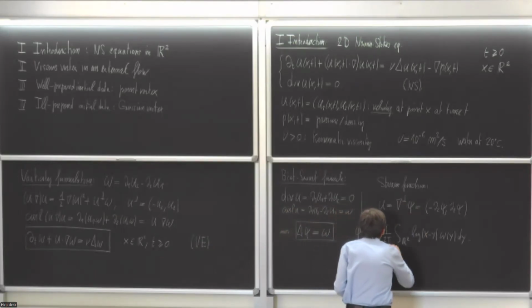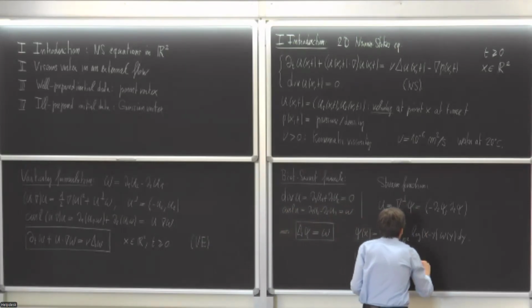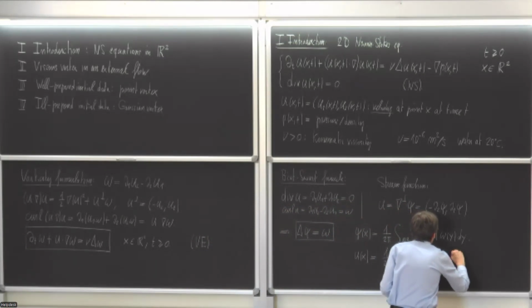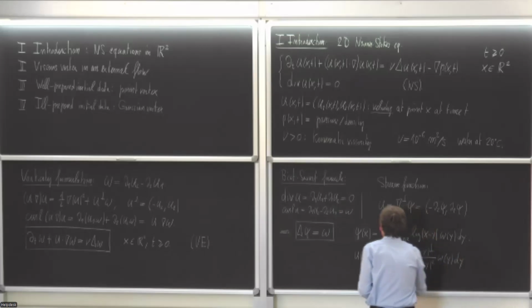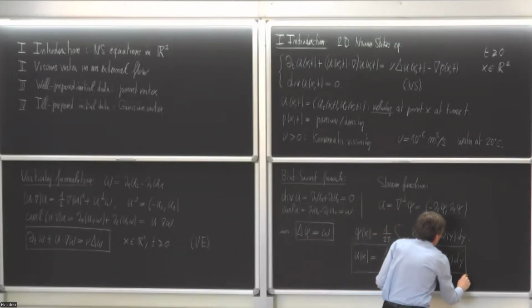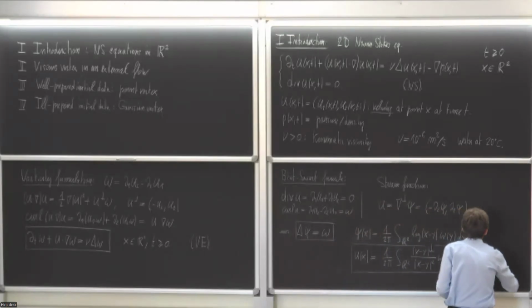So u of x is 1 over 2 pi integral over R2 of (x minus y) perp over |x minus y| squared, omega of y dy. And this is the second very fundamental formula, which is the Biot-Savart formula.